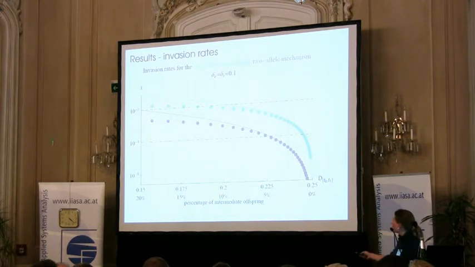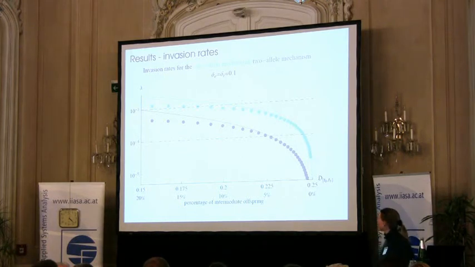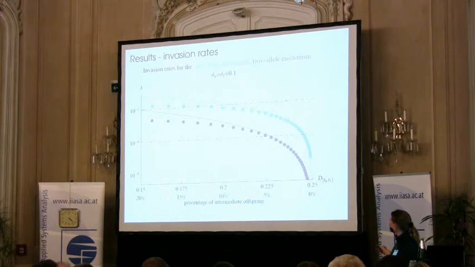On the x-axis is the amount of linkage disequilibrium between the trait alleles, and this goes from 0.15 to 0.25, which corresponds to completed speciation. I've also written down the percentage of intermediate offspring which are still in the population if we have an existing preference that produces this amount of linkage disequilibrium.